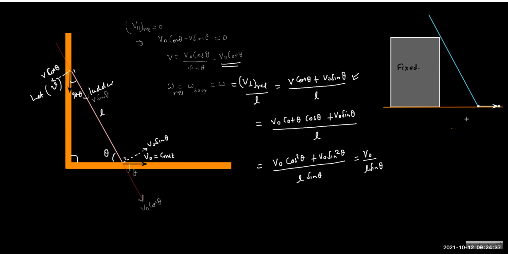A very similar question we can create. Let's say the length of this ladder is capital L, and this angle is theta. The height of this support is small h, and the velocity is v naught. And we are supposed to find the omega of the rod.